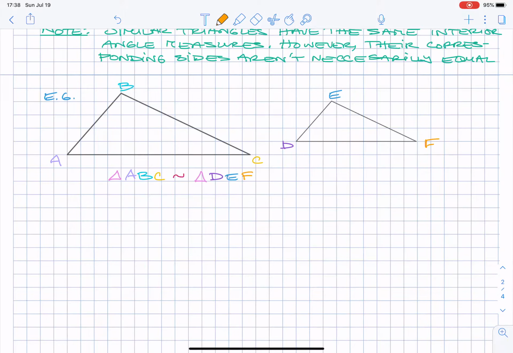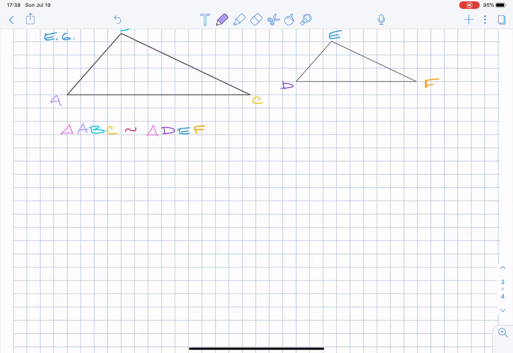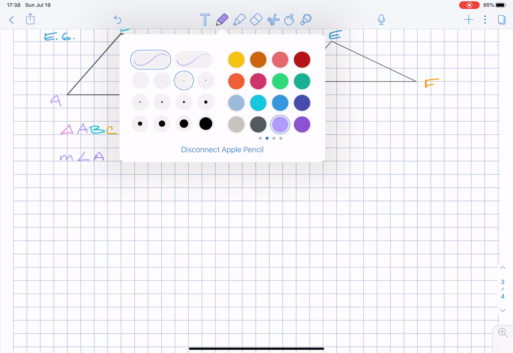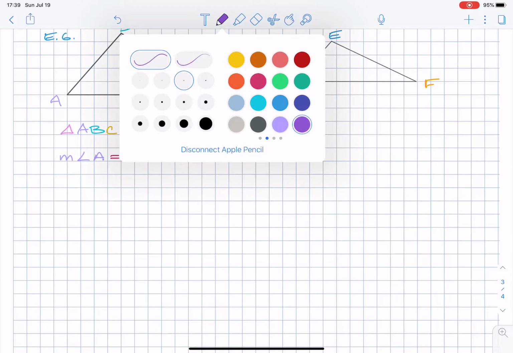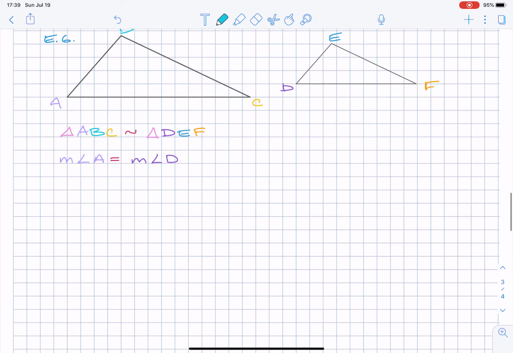Okay. So what does this mean? What this means is that the measure of angle A will be the same as the measure of angle D. I know that the measure of angle B up there on top will be the same as the measure of angle E up there on top.